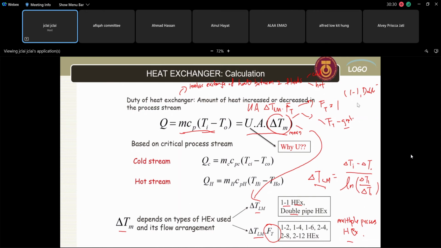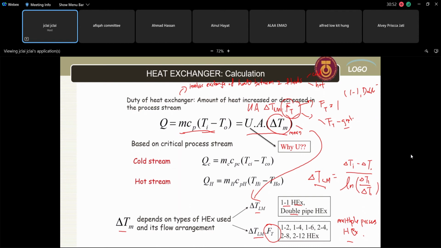Okay, for non-1-1 type and non-double pipe type heat exchangers, you must do correction. So delta T log mean needs to be corrected by multiplying the delta T log mean with FT, the correction factor.